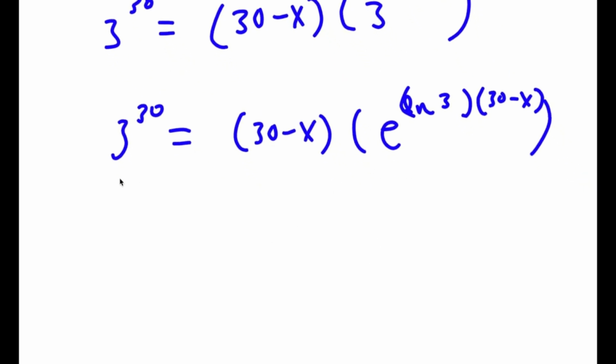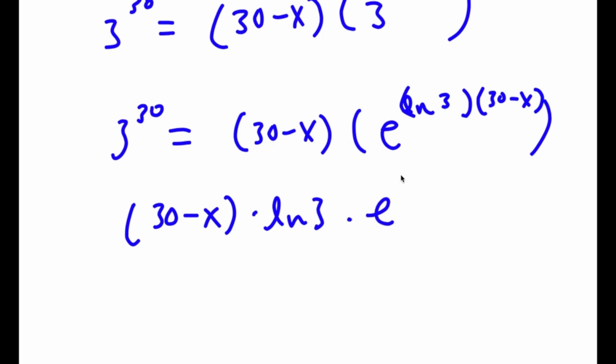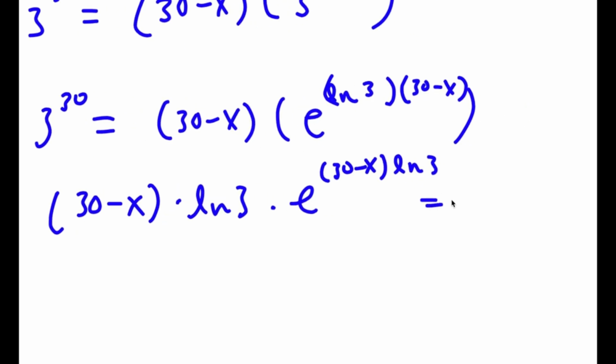So now I have (30 minus x) times ln 3 times e to the power of (30 minus x) times ln 3 is equal to 3 to the power of 30 times ln 3.